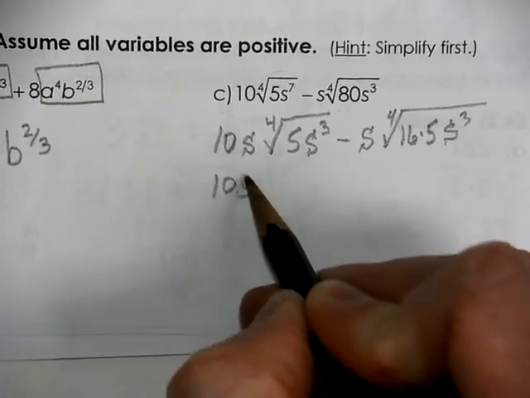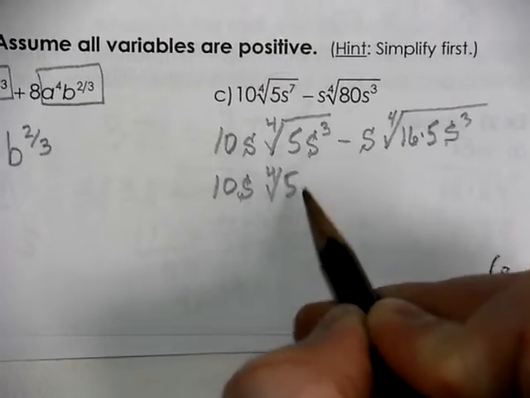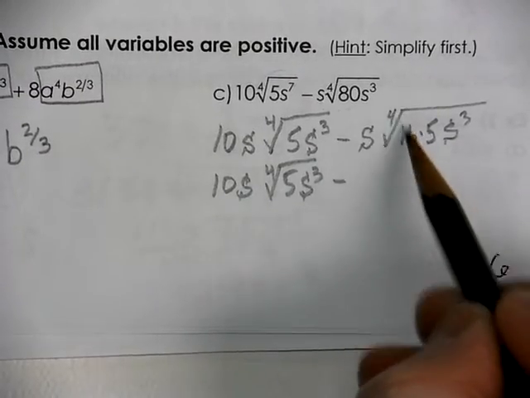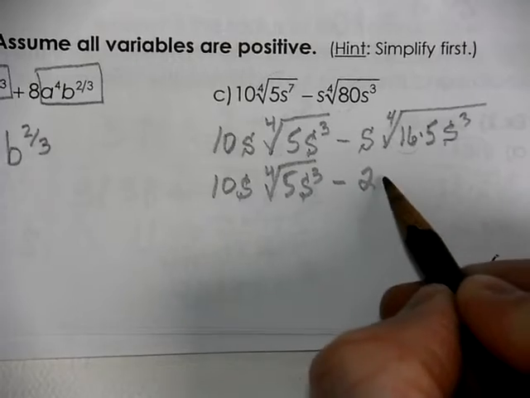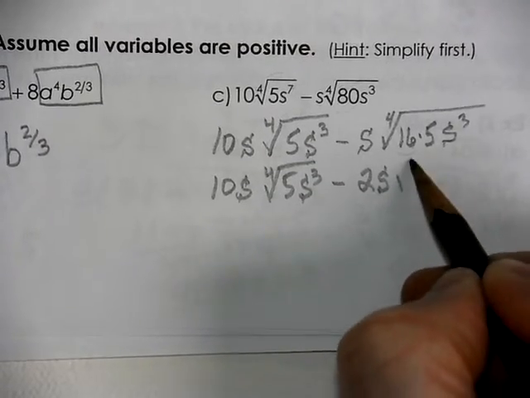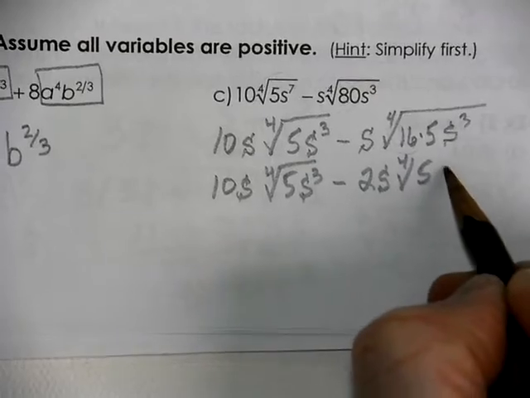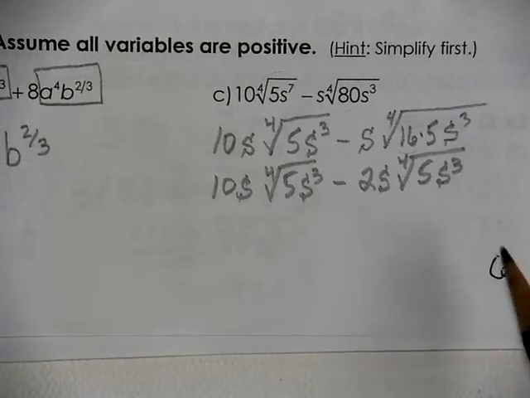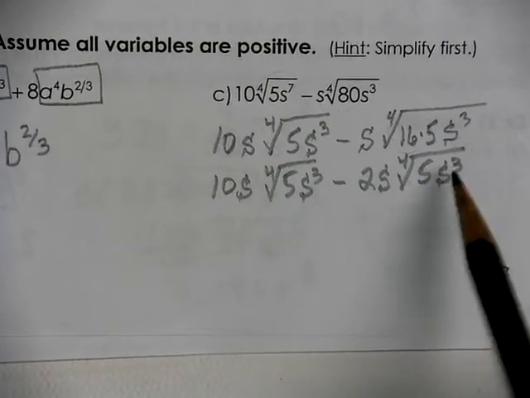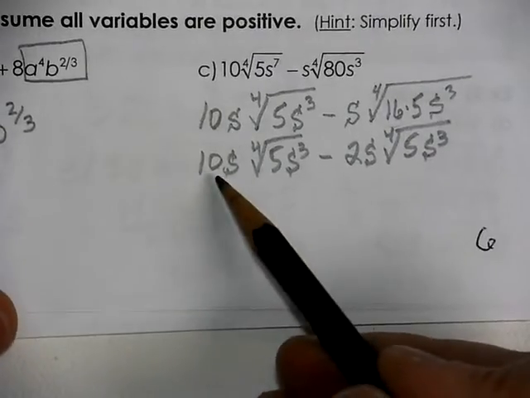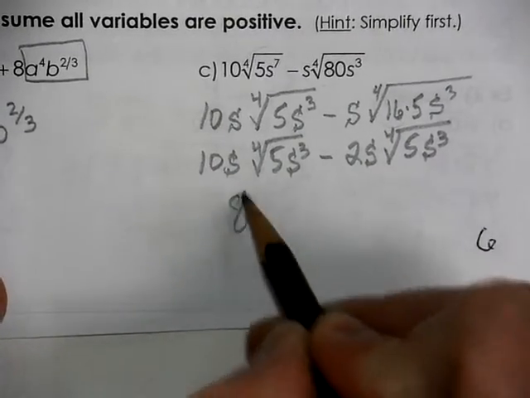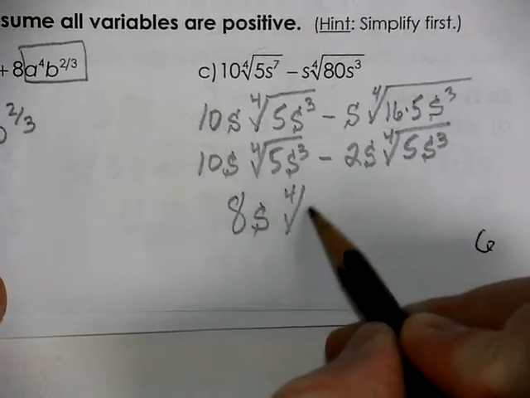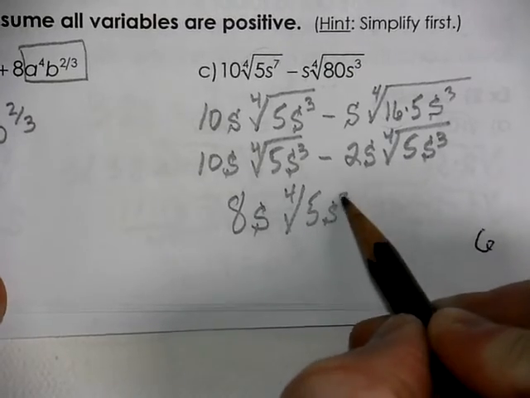So I have 10s, the 4th root of 5s cubed, minus the 4th root of 16 is 2, times my s, but there's nothing I can do with the 5 or the s cubed. So I was working to get my, it's called the radicand, the value inside the radical, the same. 10s minus 2s is 8s and this is the fourth root of 5s cubed.